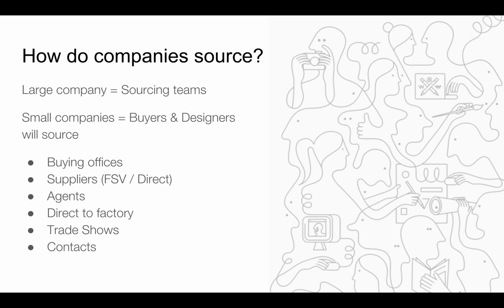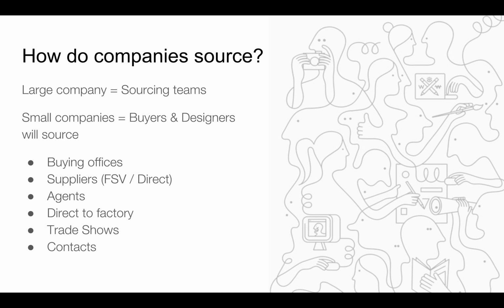So you might, for example, have a retailer with an office in London, and then you might have a buying office, for example, in Hong Kong, or Bangladesh, or Shanghai. That buying office will be filled with local people, but they work for your retailer. Therefore, they have your quality standards in mind, your quantities in mind, and understand your ethos and KPIs. So buying offices are a very good way to work.